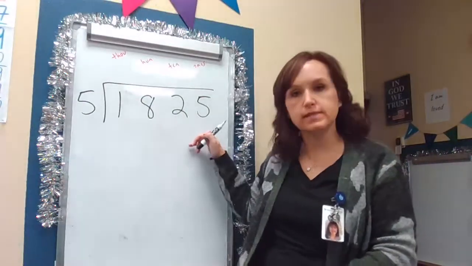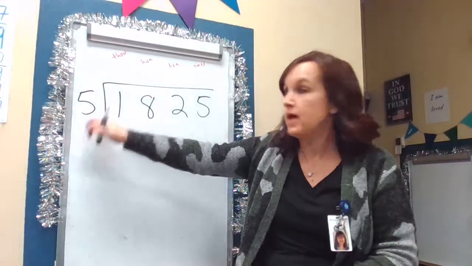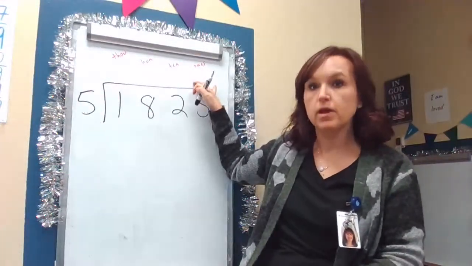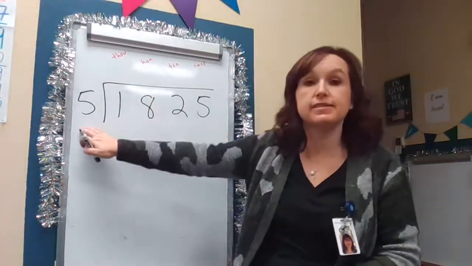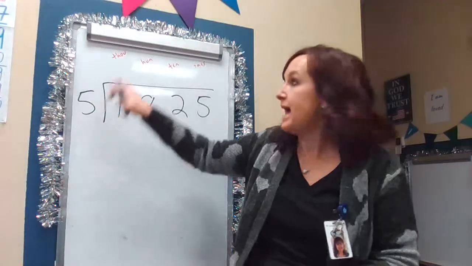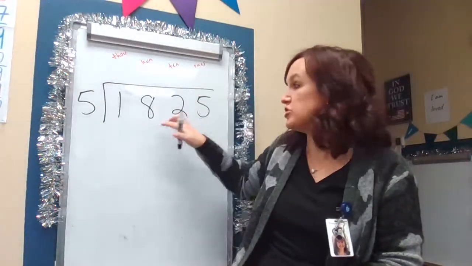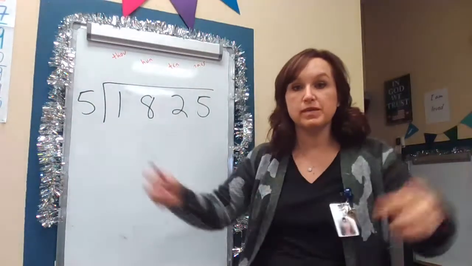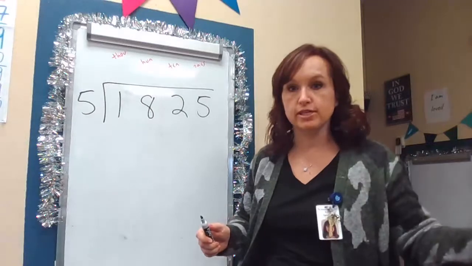If we started with this amount of money and we were going to give it to 5 people, how much would each person get? Or we're starting with this amount of money, each person's going to get $5. How many people can I give $5 to? So either way, we're starting with this number and we're splitting it up. We're dispersing it into equal portions.